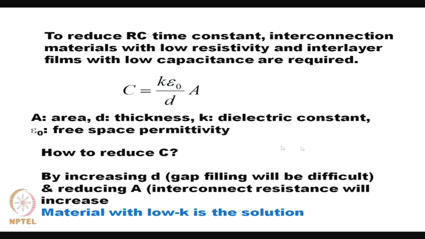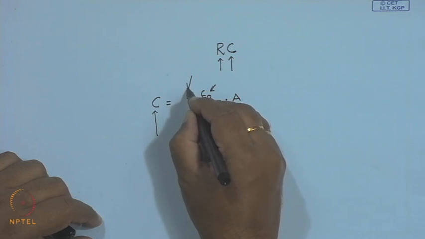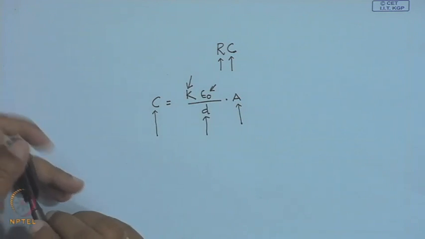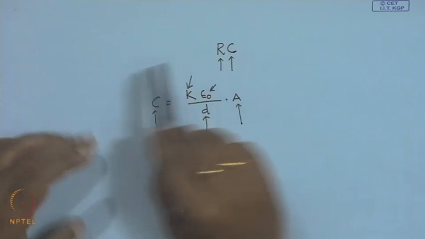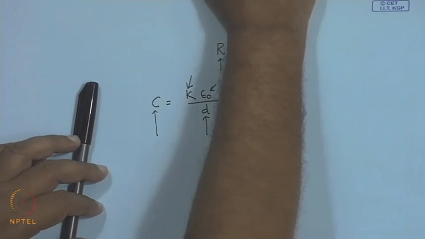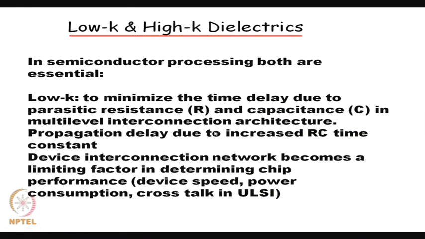So we have no other option but to reduce the value of K. That is the logic: for an interconnection architecture, if you want to make the time delay as minimum as possible, you have to decrease both R and C.